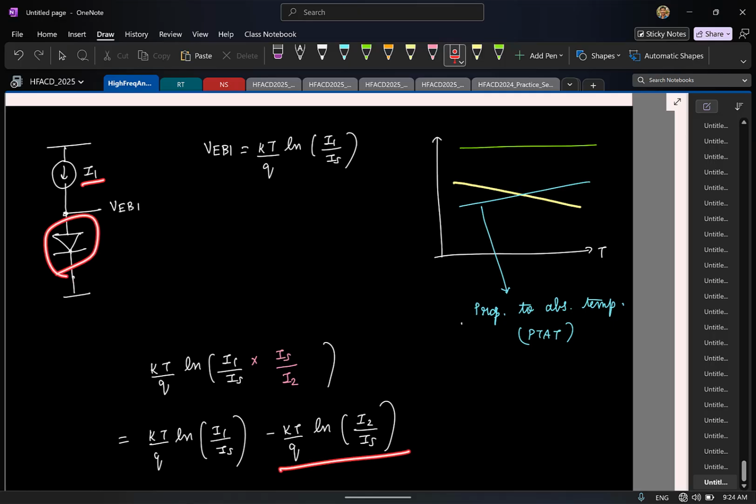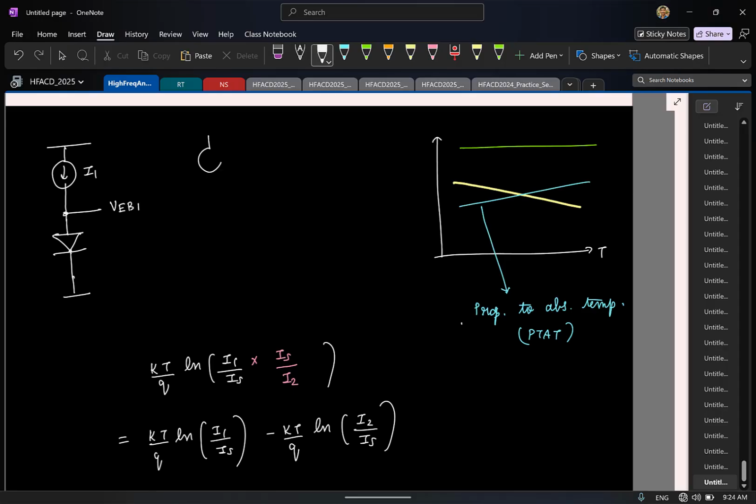Now I want to get this voltage, so what should I do? I have a current I2. I should pass it through another identical diode. So let me call this VEB2. If I take the difference between these two, that gives me this.